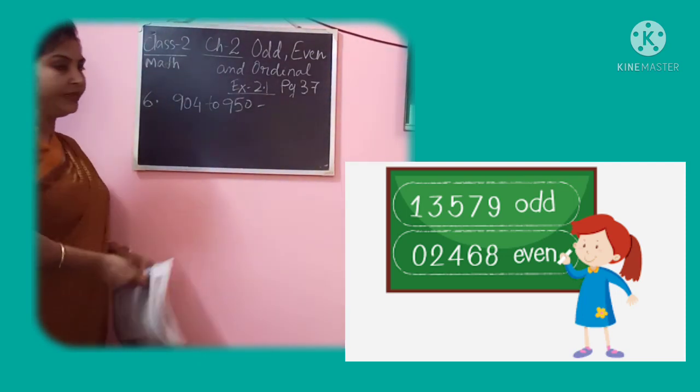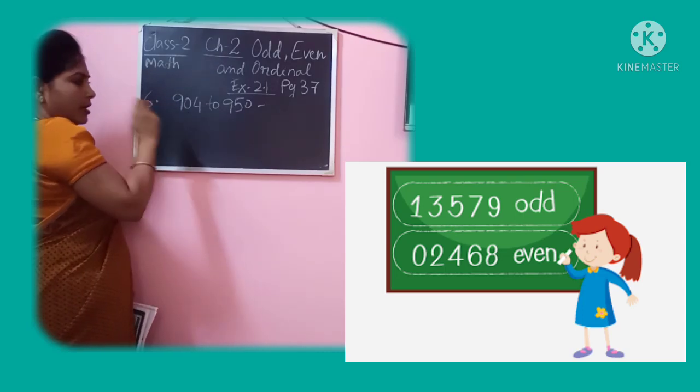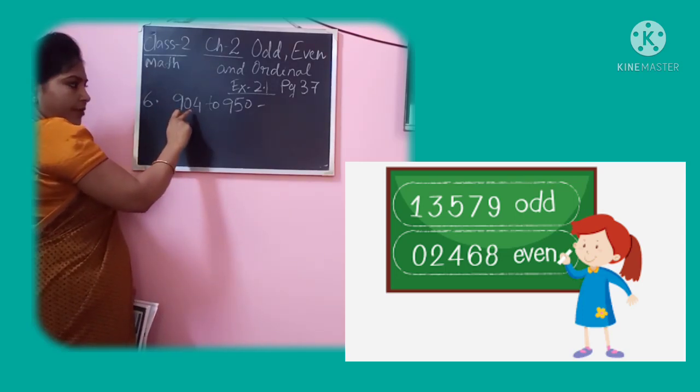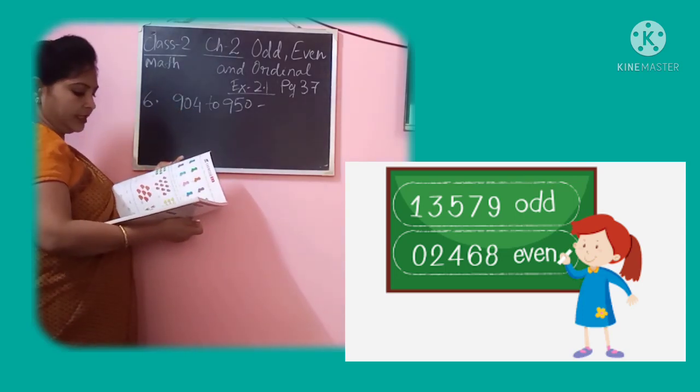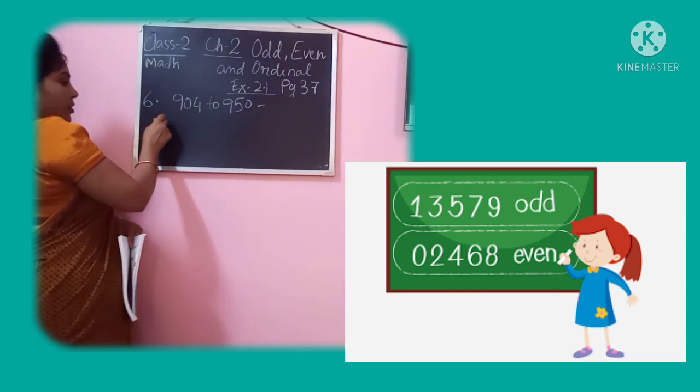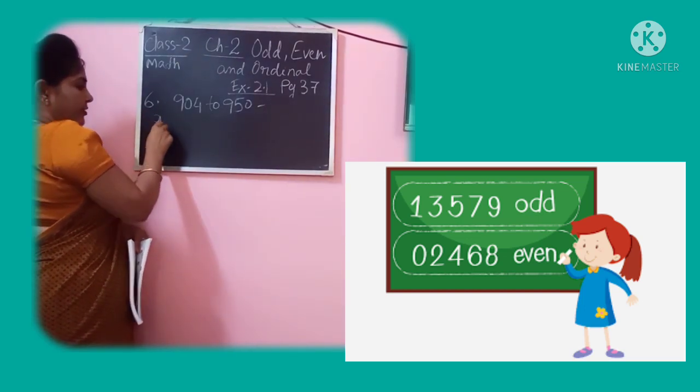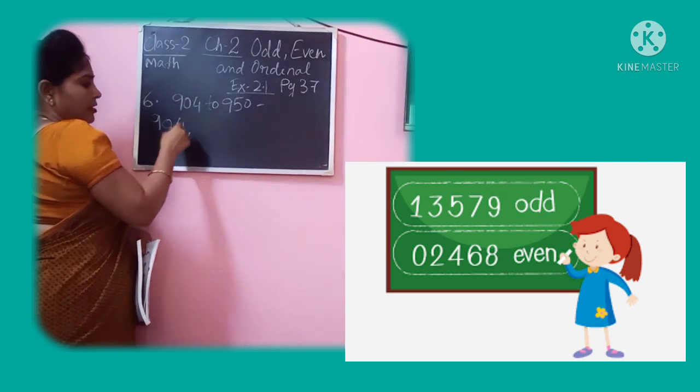So if it is even numbers, we have to write even numbers from 904.